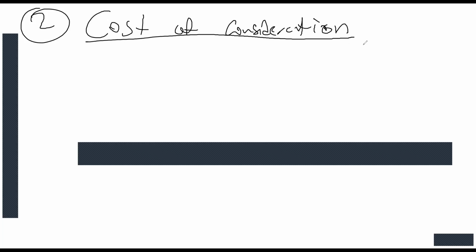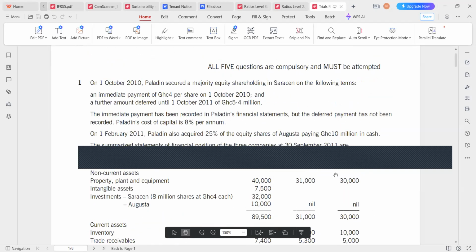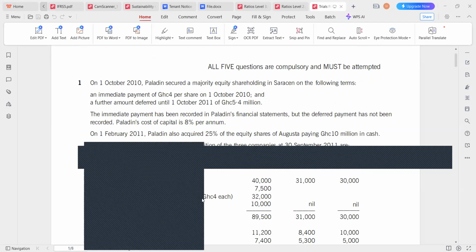Now, what goes into cost of consideration? Here, you go straight to the acquisition story at the top. It says that on October 2010, Paladin secured a majority shareholding in Saracen on the following terms. Number 1, an immediate payment of 4 Ghana cedis per share. So how many shares acquired? Sir, please, 8 million shares.